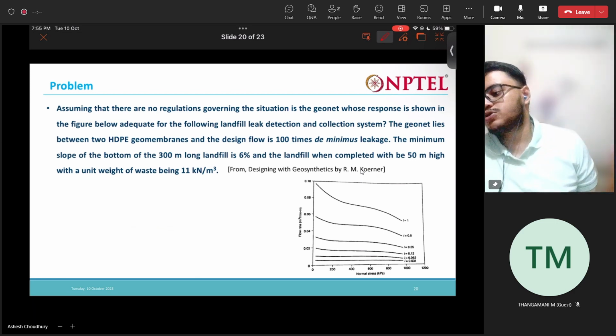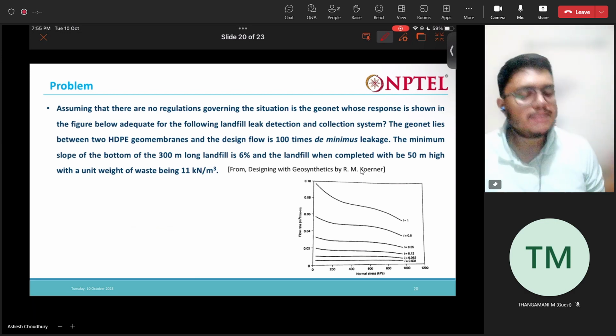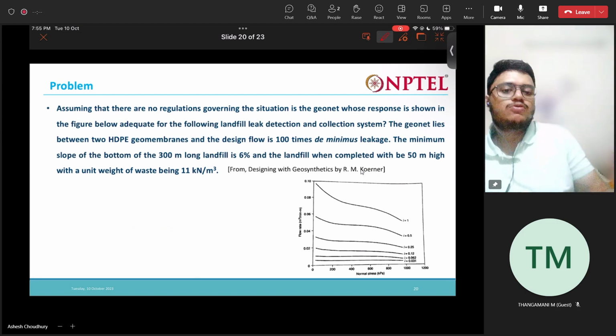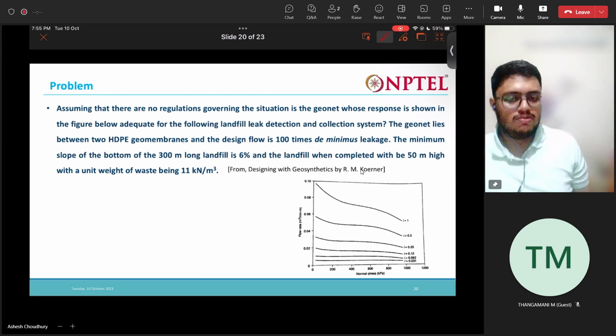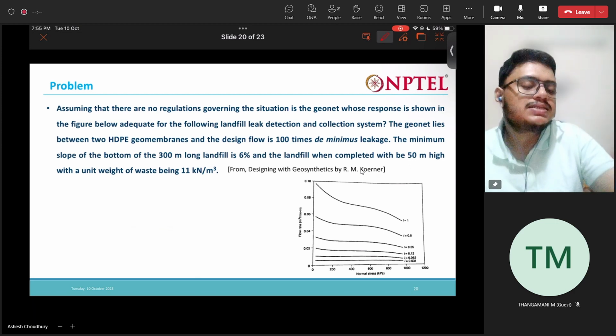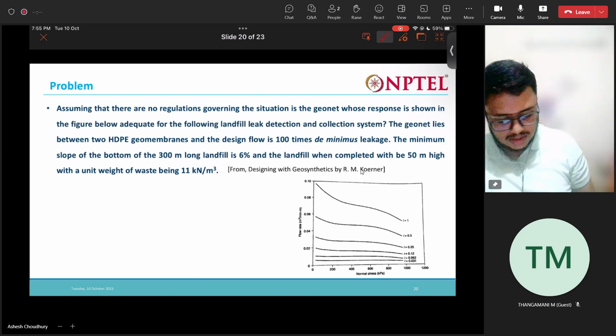So de minimis leakage is the minimum allowable leakage that might occur through a landfill liner into the surrounding soil. See, it is very, very little.